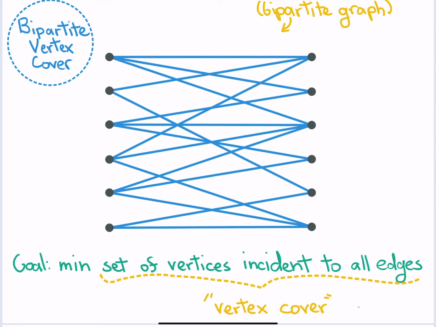Okay, so this one might be a little trickier. A bipartite vertex cover. Remember the goal here is to choose as few vertices as possible to cover all of the edges. How can I try to solve this with max flow or min cut or edge disjoint paths?